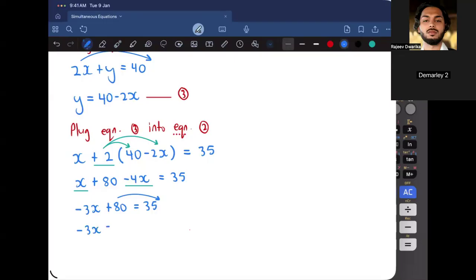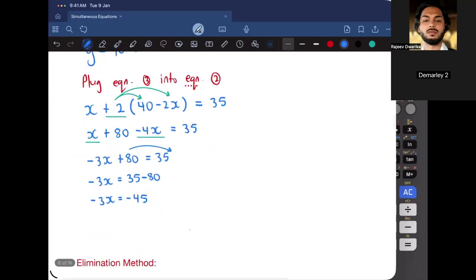Negative 3x equals 35 minus 80. Right. 35 minus 80, that should be minus 45. And so if I want to find for 1x, I would have to divide both sides by negative 3. Right? And negative 3 into negative 45, that would give you 15.